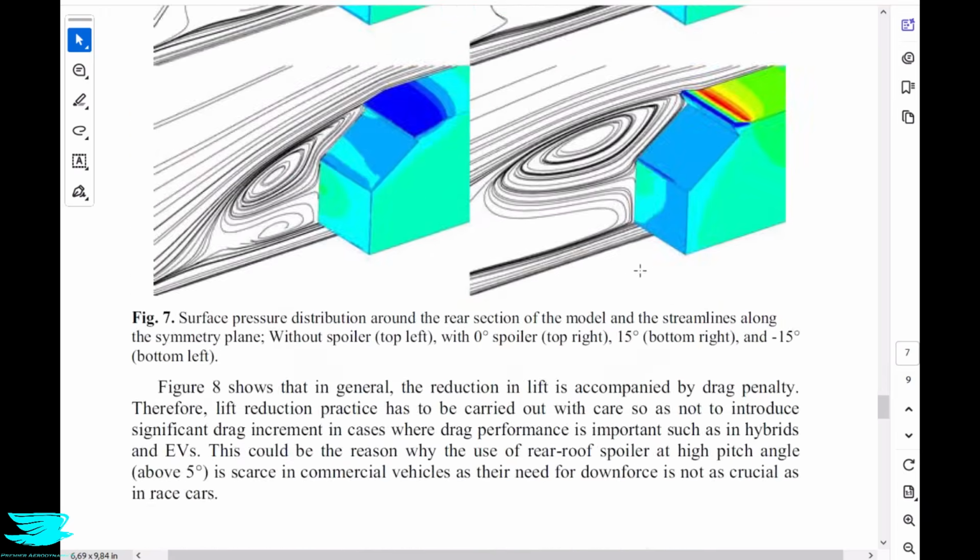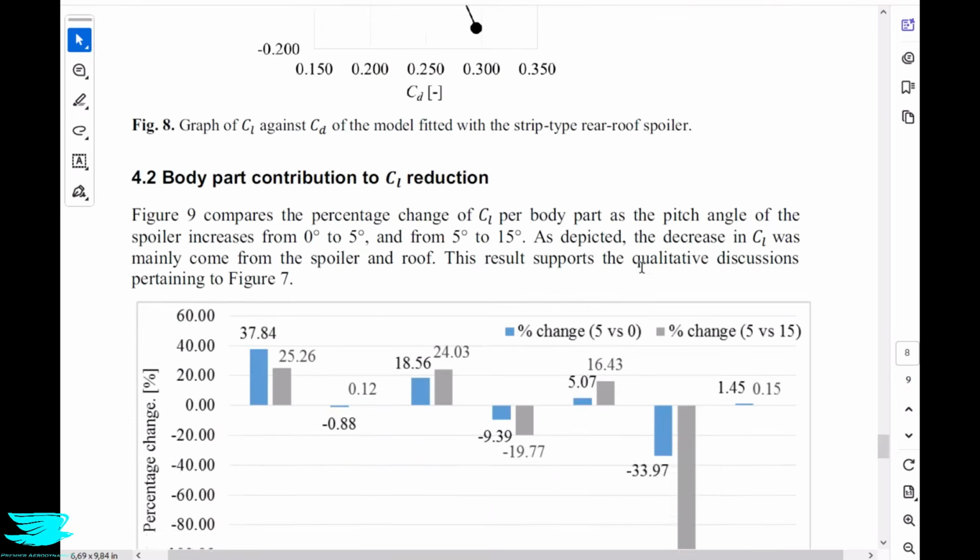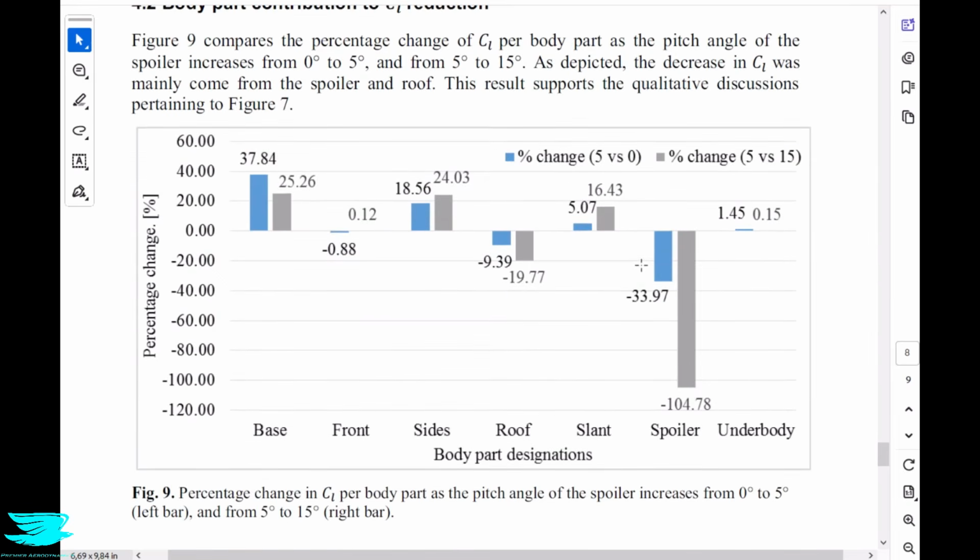Then in figure 9, again, we get a somewhat unexpected result here. Every other region shown here is either unaffected by the spoiler angle, or it apparently produces more lift with a higher spoiler angle. So the base, which is the back of the car and underneath the slant, and then the slant too, both produce more lift as the spoiler increases in angle.